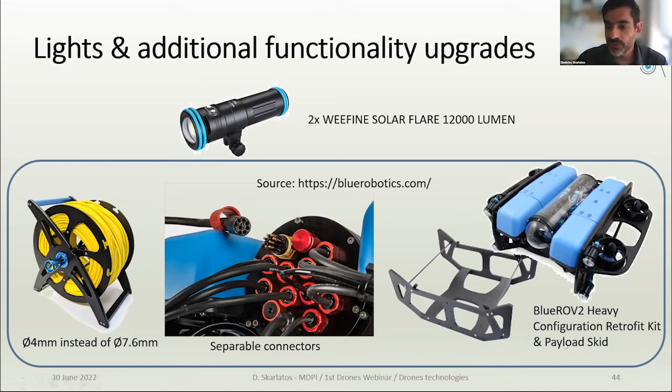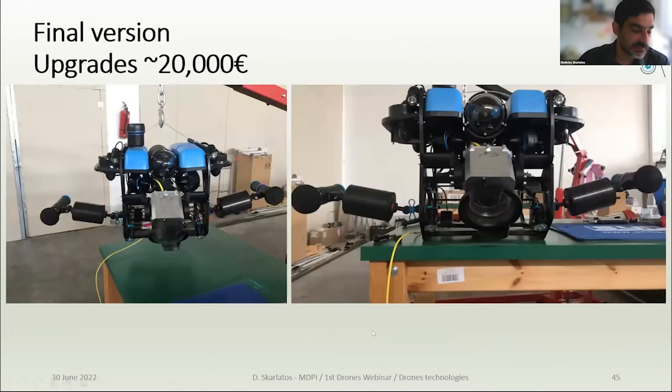And of course, a payload skid to add more things, and more thrusters on the exoskeleton to improve the maneuverability. All these things were bought from Blue Robotics directly. What we didn't buy from Blue Robotics are the video lights, in total 24,000 lumens. And this is the final implementation that we had.